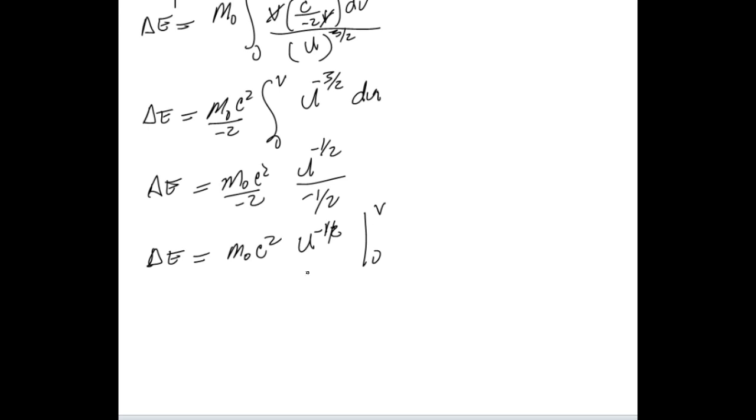Well, what is u? Well, u was 1 minus v squared over c squared.